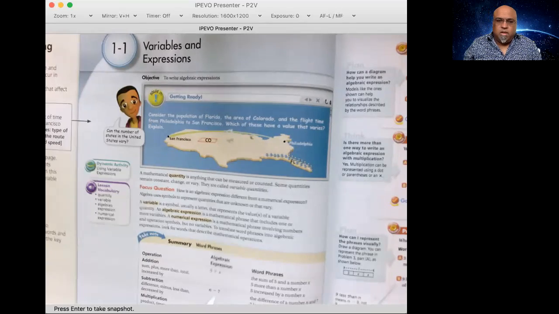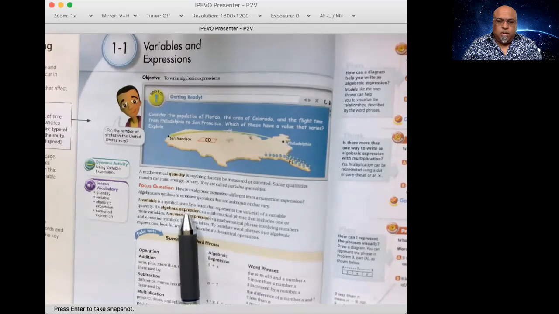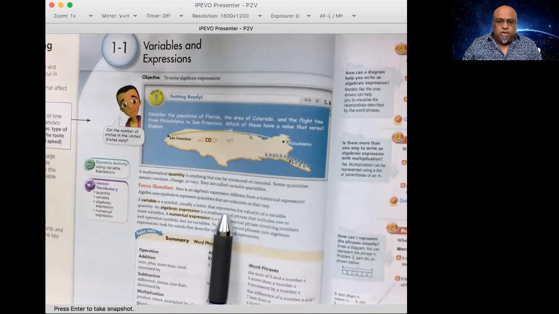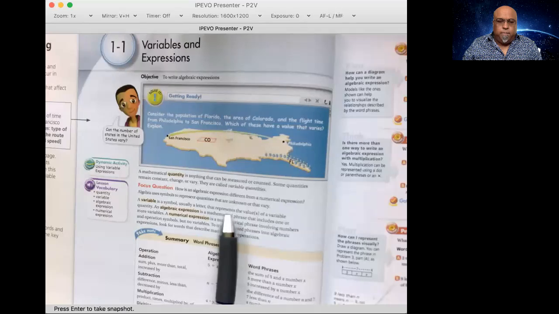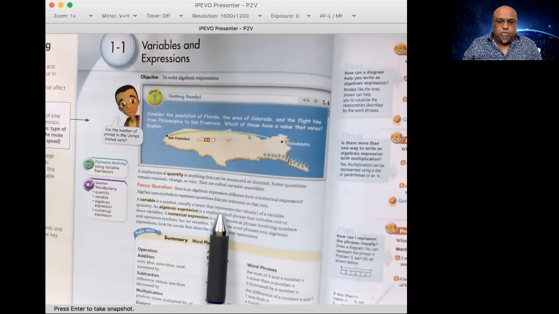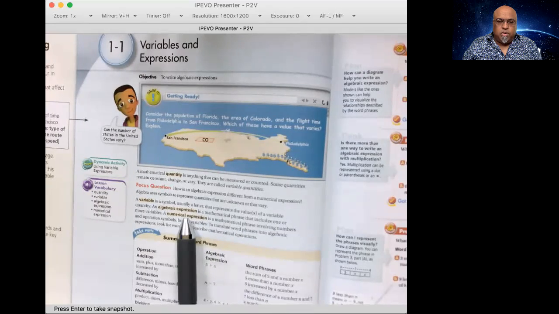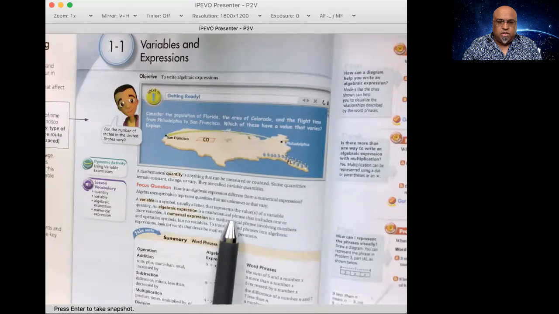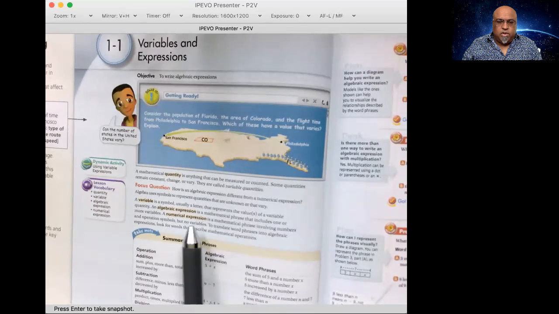Continuing on, a variable is a symbol, usually a letter, that represents the values of a variable. An algebraic expression is a mathematical phrase that includes one or more variables. A numerical expression is a mathematical phrase involving numbers, operations, and symbols, but no variables.